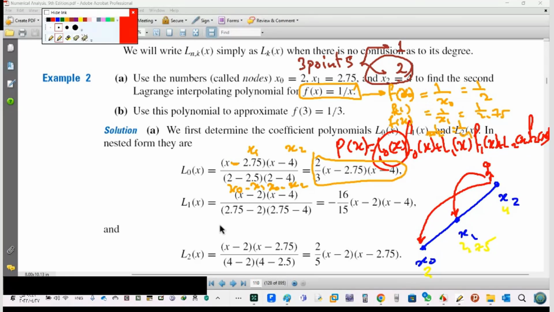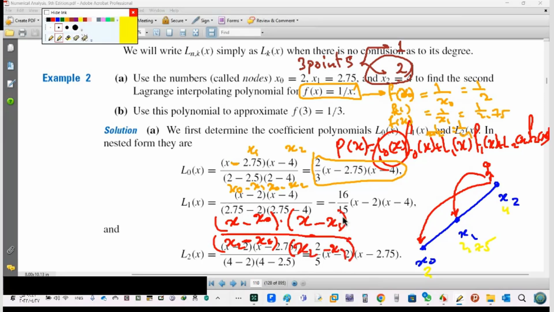Together, (x minus x0) over (x2 minus x0), multiplied by (x minus x1) over (x2 minus x1).